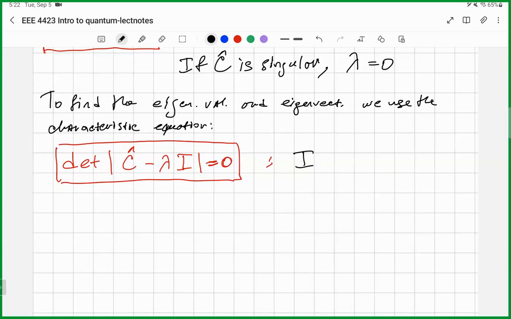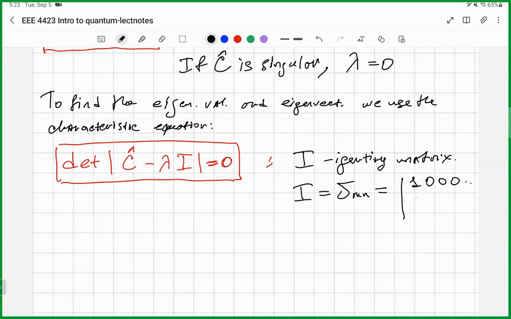I, of course, is the identity matrix, which is the same as the Kronecker delta, you remember, right? So it's 1 on the main diagonal, and the other elements are 0. Something like this.